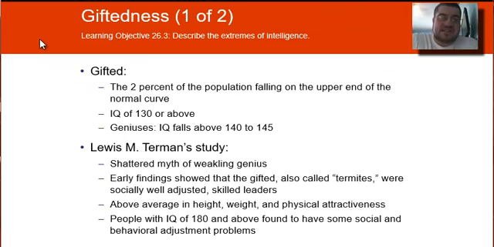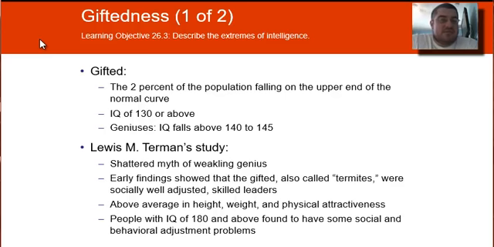And then giftedness is what we call the 2% of the population falling above 130, and geniuses would be above 140 or 145, depending on who you ask. And Lewis Terman is one of the earliest students of intelligence, and he would say that the stereotype of the weakling genius is not accurate at all.